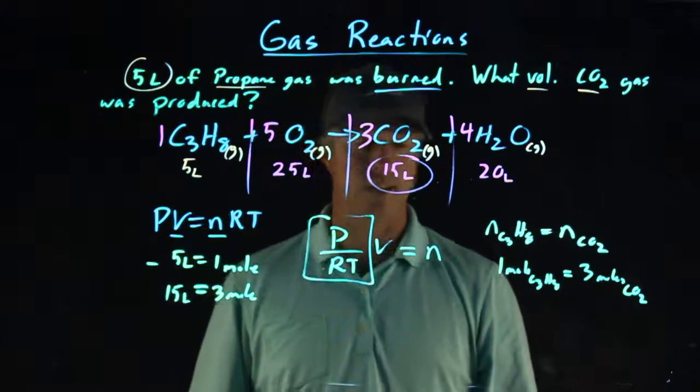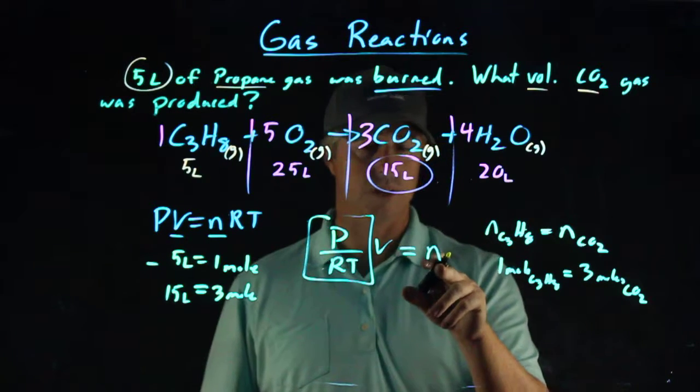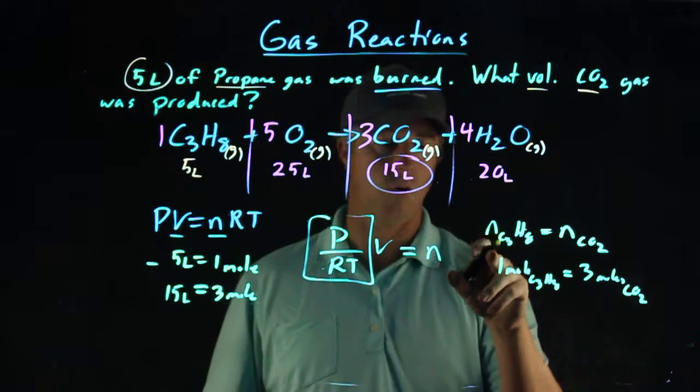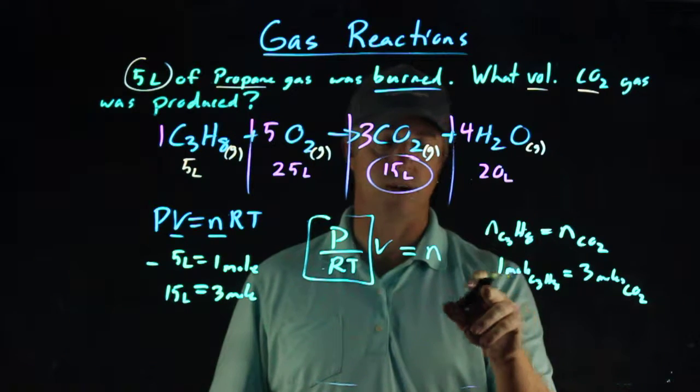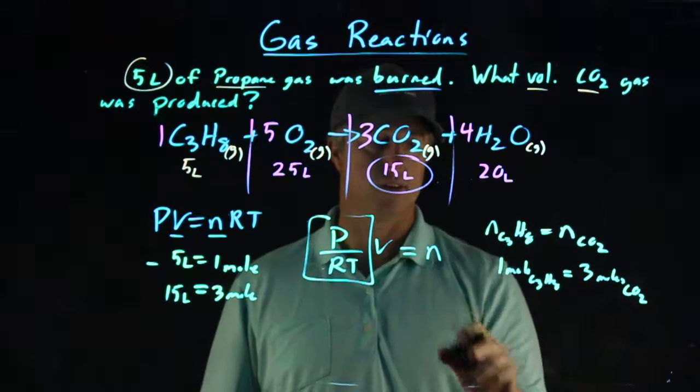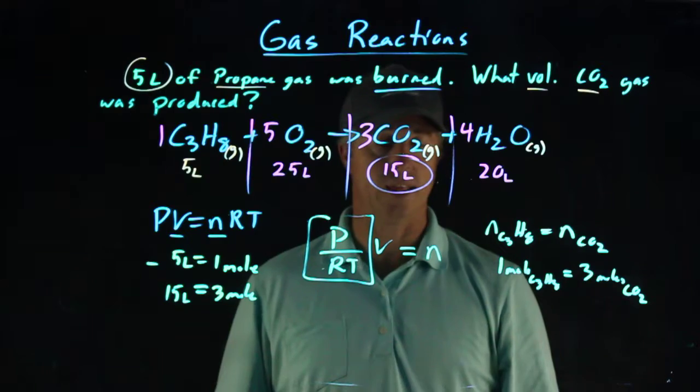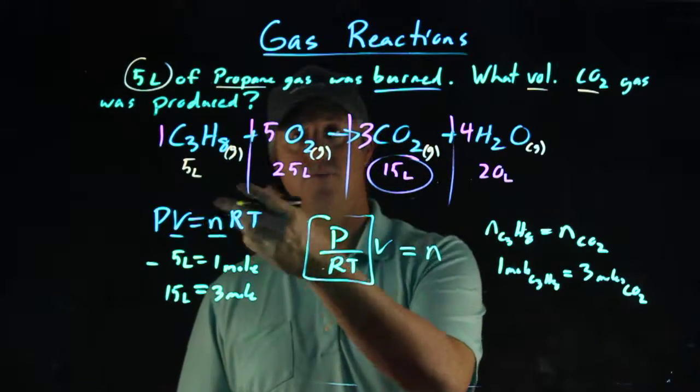Okay, if that's the case, I then can simply exchange the mole aspect of this, the n part, with the V's. And so substituting that in, I just multiply it out and I get my answers.